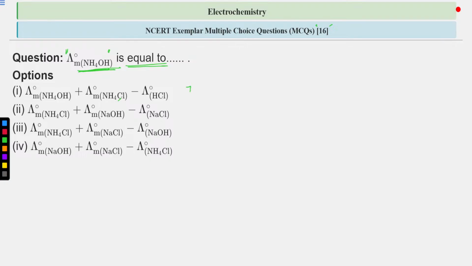So you have to identify which option represents the correct lambda naught m of NH4OH value. You have some time, go through it, and then we will continue to the correct answer. Try to solve this, okay?